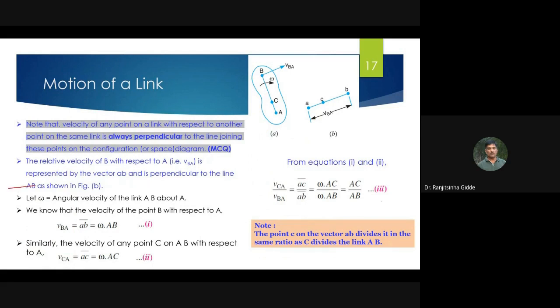So write down after this, up to this you have completed. Then from this part you can take.